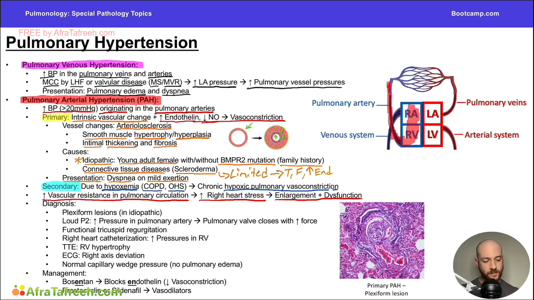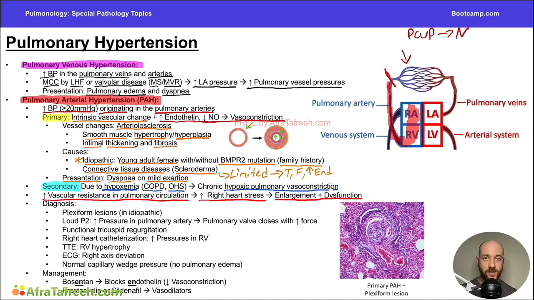So first of all, because the problem is arising before the pulmonary capillaries, we're not going to see any involvement of the pulmonary capillaries. So things like pulmonary capillary wedge pressure, which is going to be elevated in pulmonary venous hypertension, is actually going to be normal in pulmonary arterial hypertension.